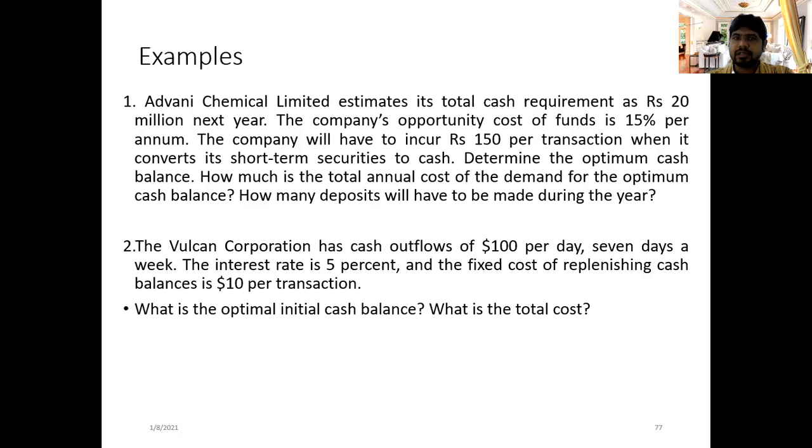In this question, they have directly given us the opportunity cost of funds. In yesterday's sum, we had to find the opportunity cost, but here they have given it directly, so no issue. The company will have to incur 150 per transaction, so the transaction cost is 150, when it converts its short-term securities to cash. Determine the optimum cash balance. How much? Has anybody found this?